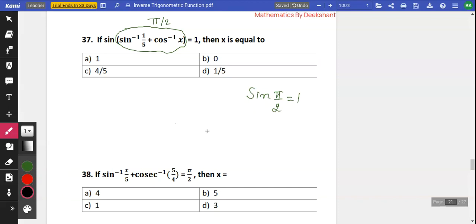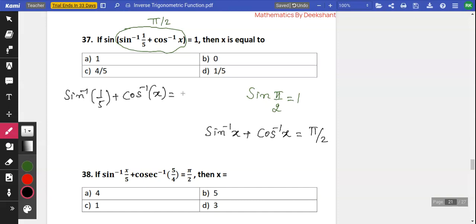And also there is another formula: sine inverse x plus cos inverse x is equal to pi by 2. Here in this term, sine inverse 1 by 5 plus cos inverse x is equal to pi by 2.